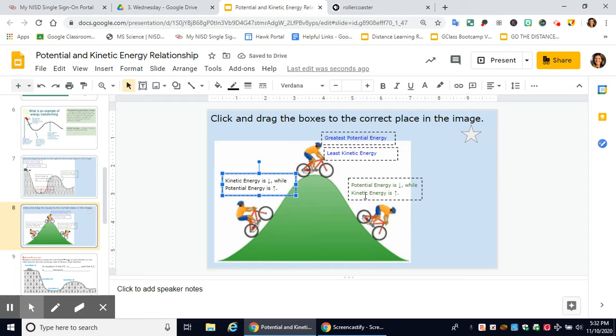Okay, and then down here as he goes down, that potential energy is decreasing while his kinetic energy is increasing.